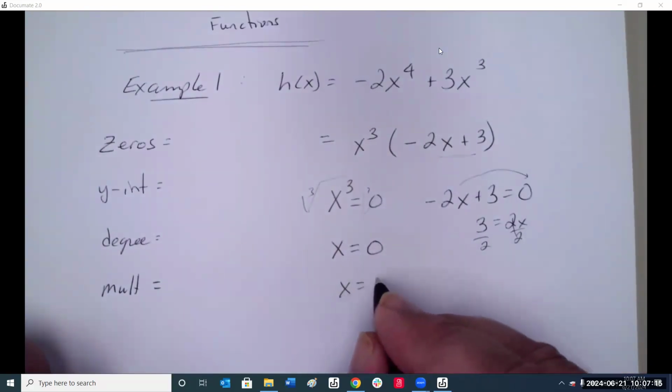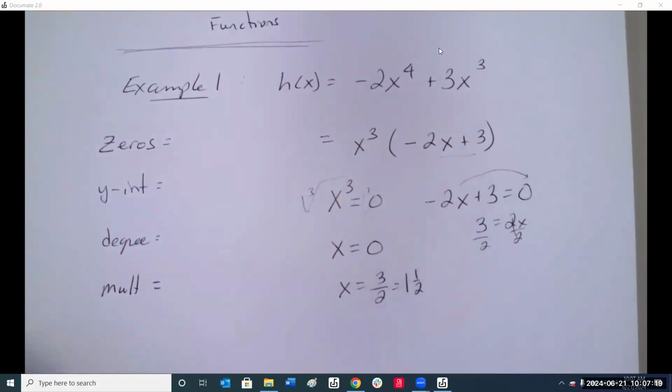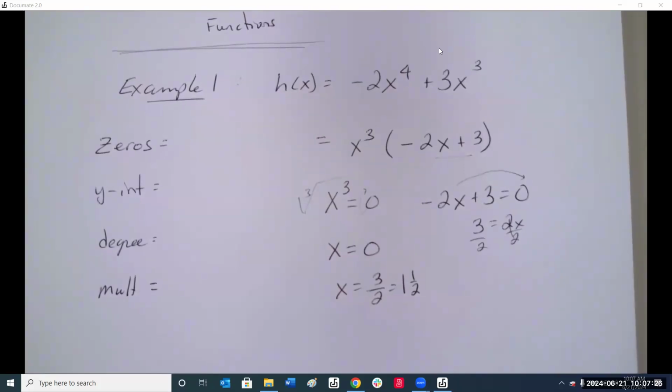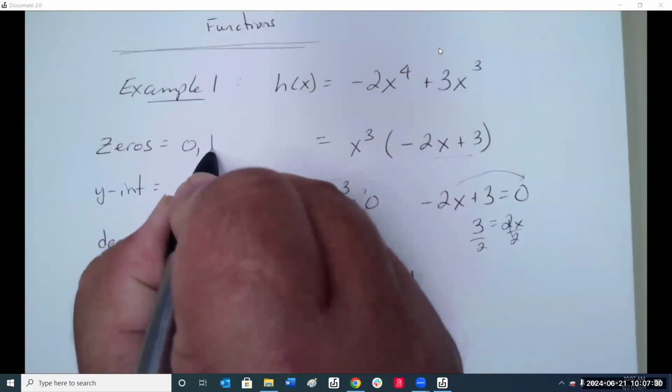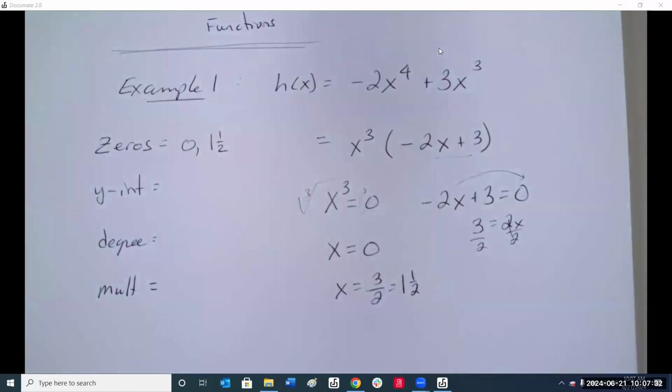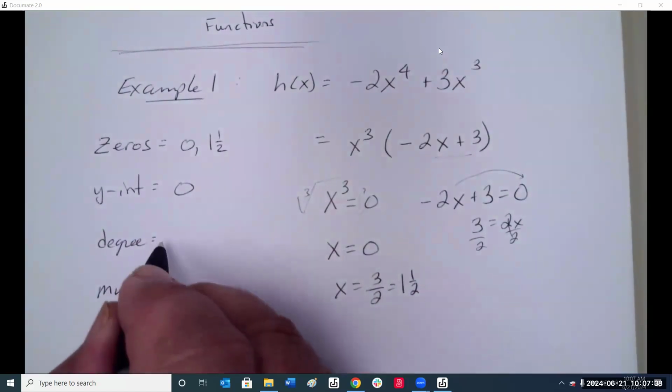So x equals 3 over 2, or 1 1/2. So the zeros are at 0 and 1 1/2. What's my y-intercept? 0. My degree? 4.